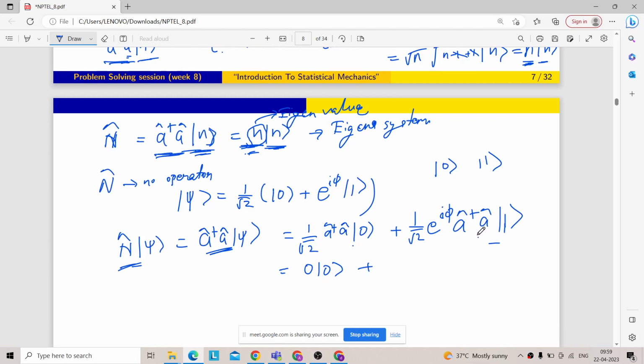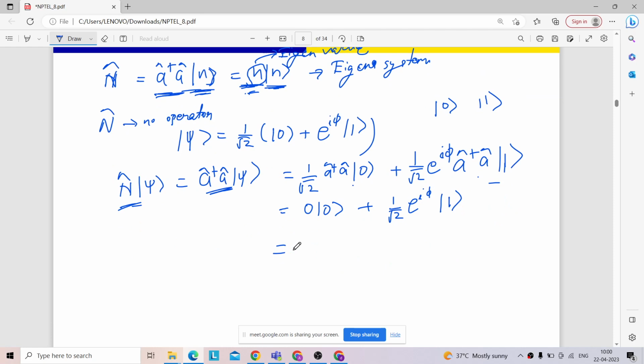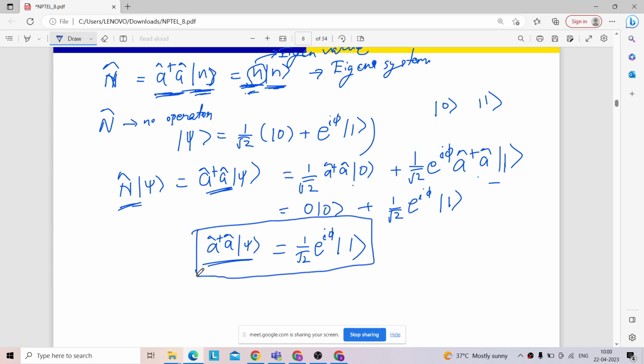Then the second term, this number operator acting on this state |1> will give eigenvalue 1. So this will become e to the i phi |1>. So this answer will be 1 over root 2 e to the i phi |1> when this operator a dagger A operates on this state psi, right?